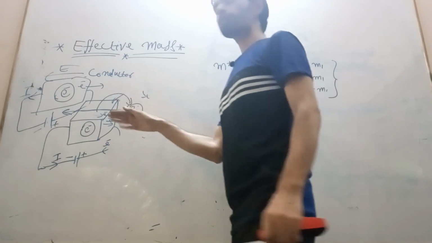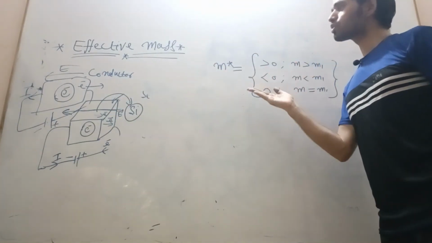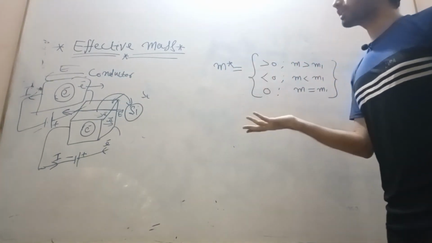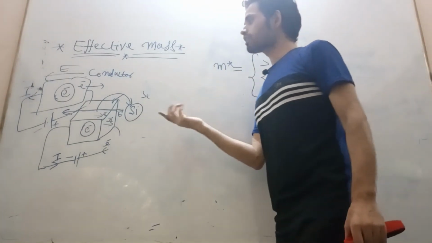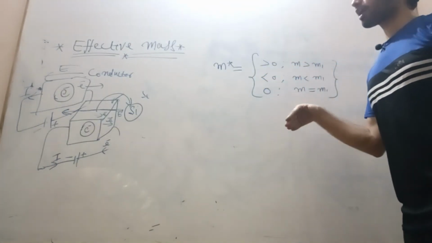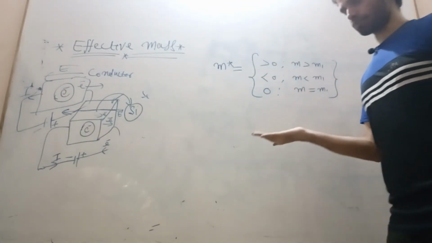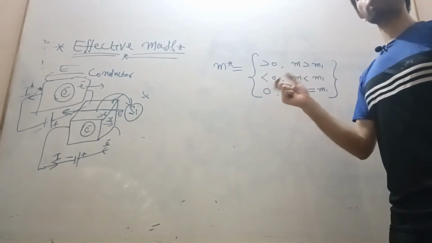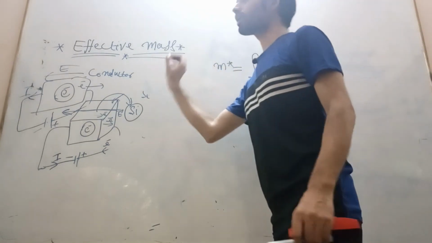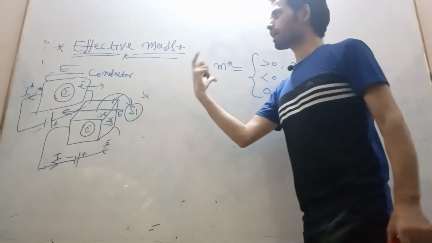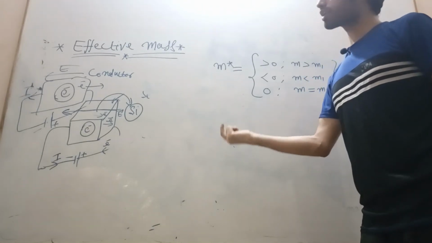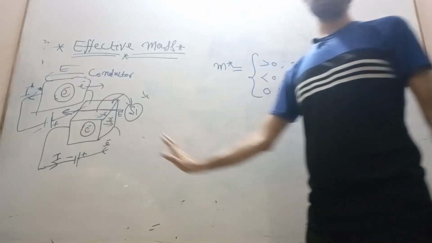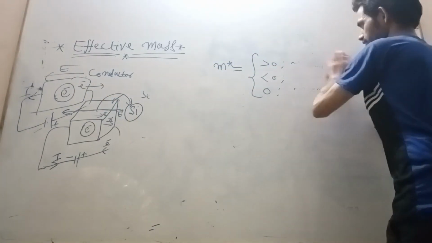Then we will apply that result to the conduction band and valence band, because we want to see the effective mass of the electron in both bands, whether it is positive or negative. For that we first see the E-k diagram equations for the free particle. So let us see first.